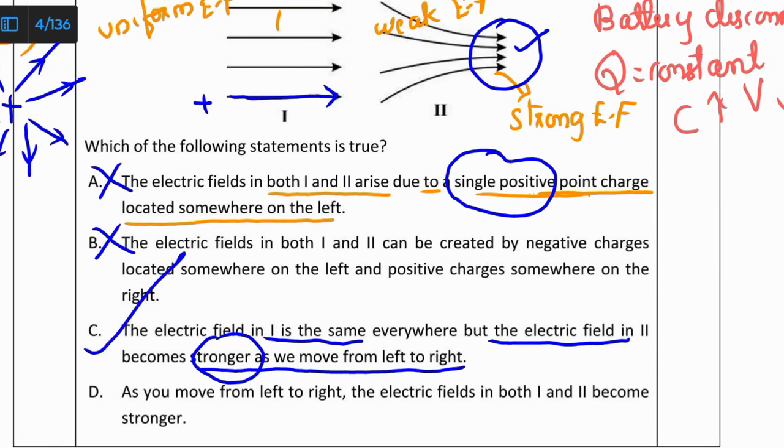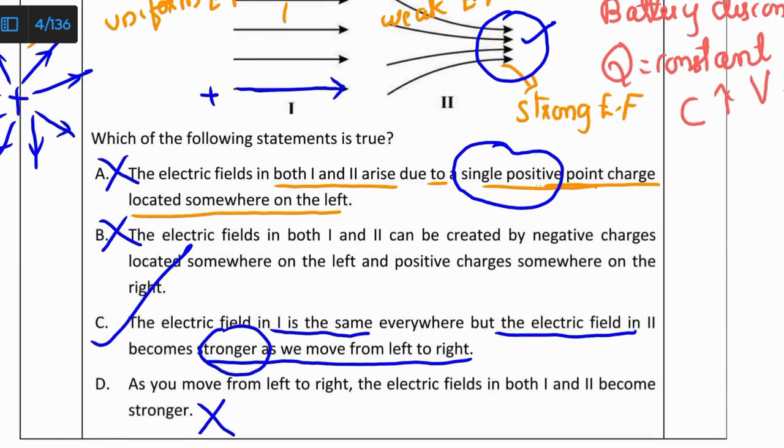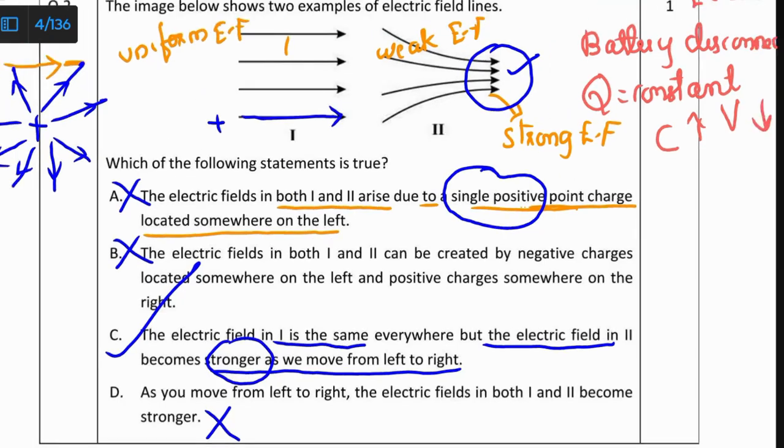So this option is correct. And the last one: as you move from left to right, the field lines in both become stronger. No, because in 1 the lines are parallel with equal spacing, so that is uniform. That is also wrong. So the correct answer is option C.